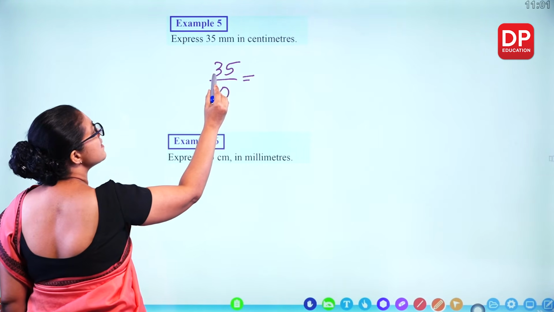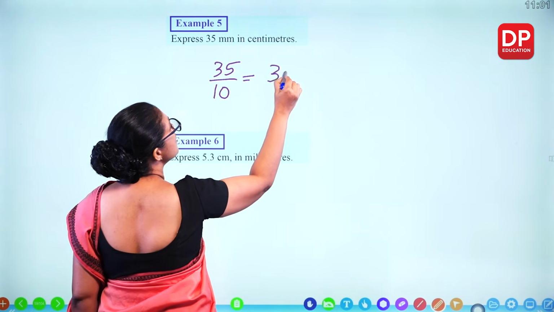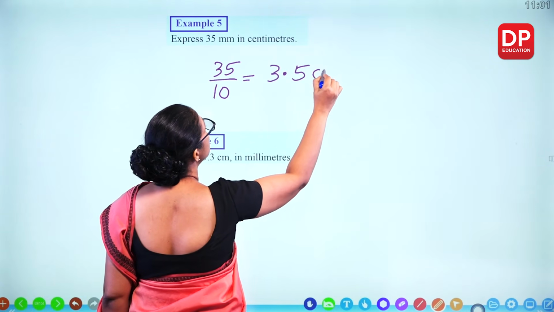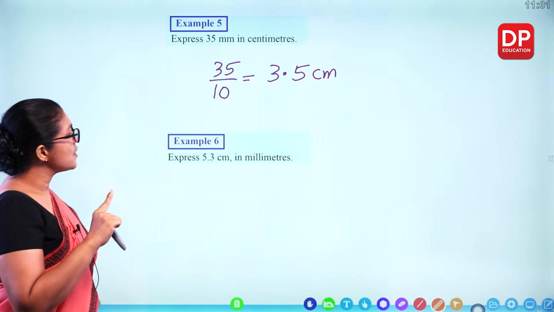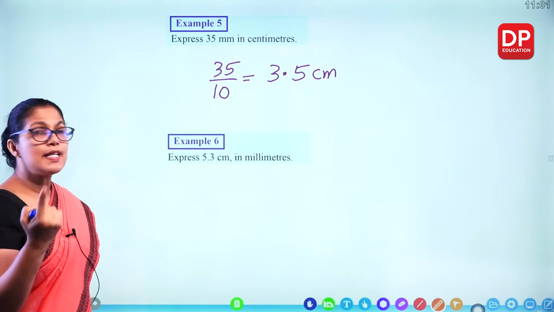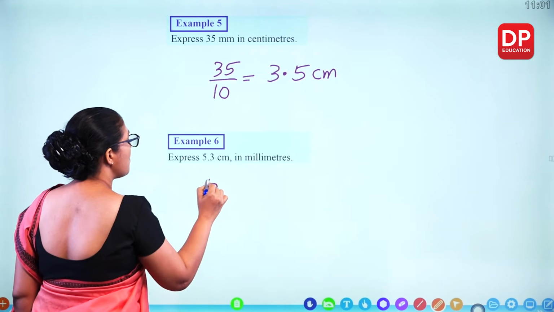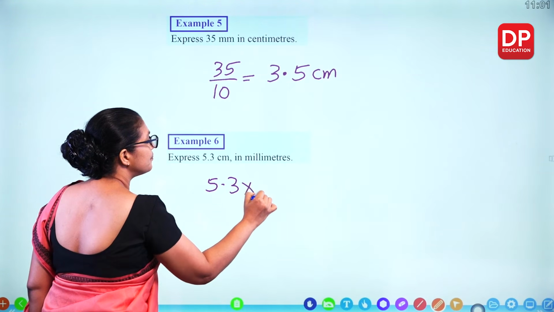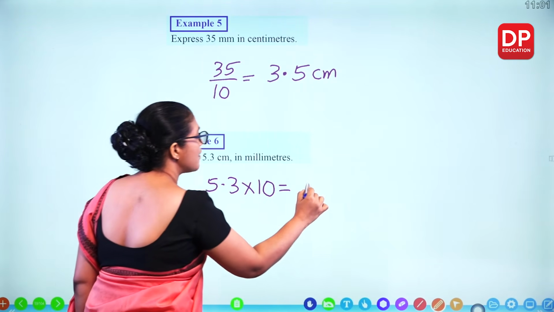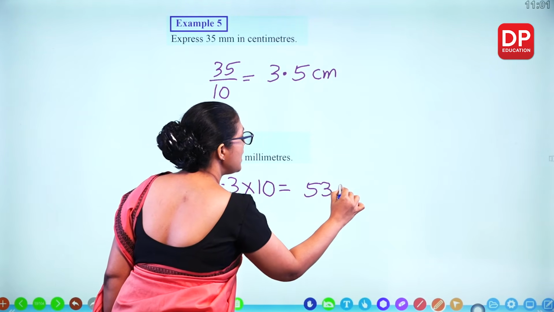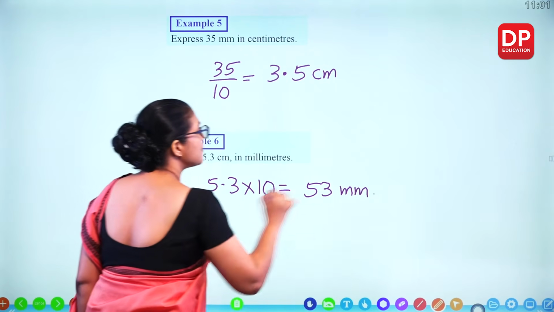Move the decimal place one place to the left. 3.5 centimeters. Express 5.3 centimeters in millimeters. Multiply by 10. Move the decimal place one place to the right. That's 53 millimeters.